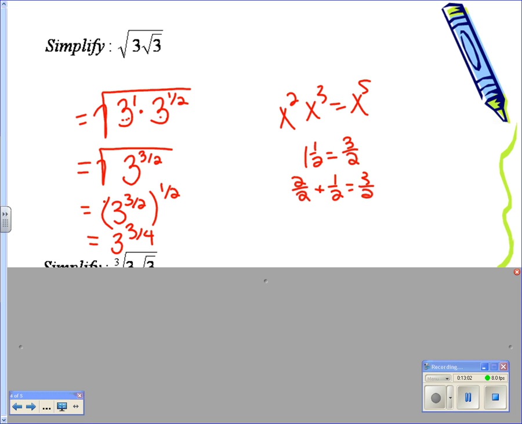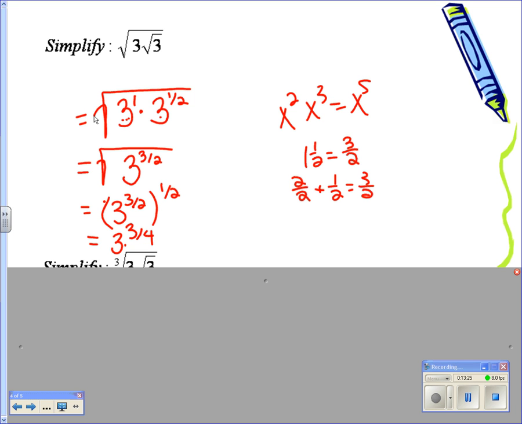Any other questions? What part? From here to here? Or from here to here? Then move. If you can't see, you need to move. Or you can move to a different desk.